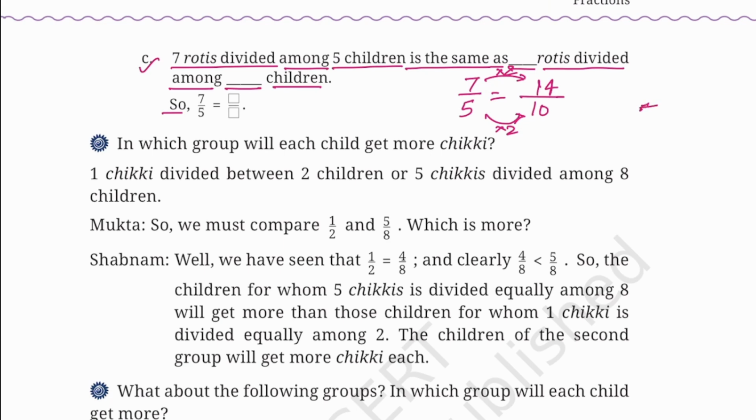If you triple the number of children, then you need triple the number of rotis.